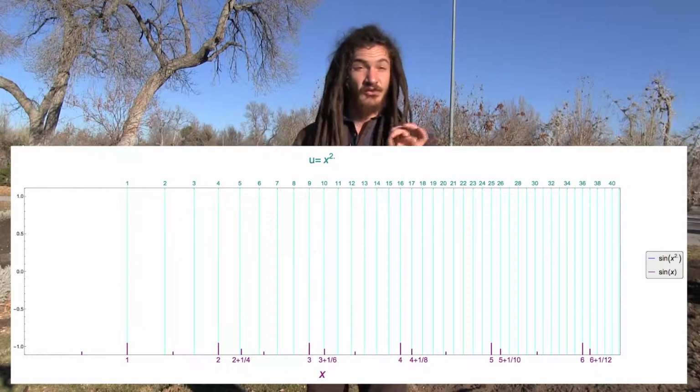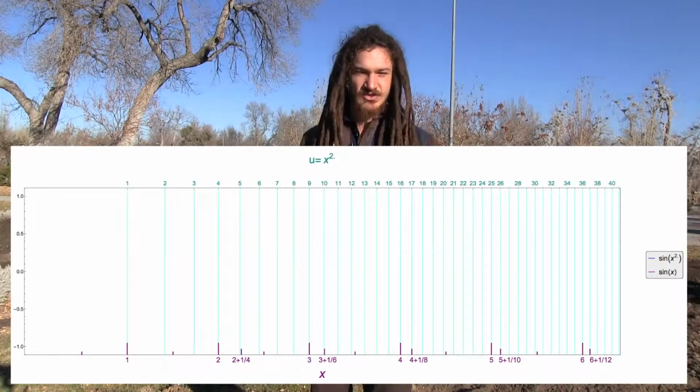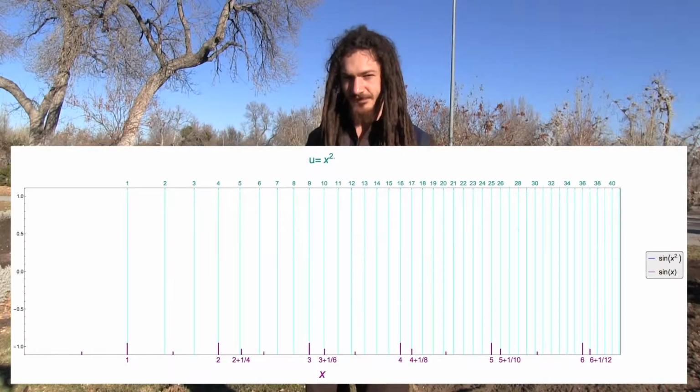And at x equals 4, x squared goes from 16 to 17 in 1/8 of a unit of x. So it's more scrunched up at x equals 5, a little less scrunched up at 4, even less scrunched up at 2, and the scrunching is not uniform over the large scale, but if you zoom up around a point, the scrunching is pretty uniform around that point, close enough that we can actually take a derivative.